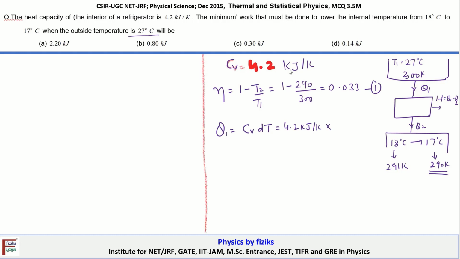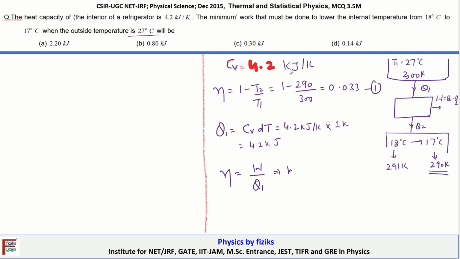The temperature changes by one unit, 1 Kelvin, because dT is the difference in temperature. Whether you take it in Celsius or in Kelvin, it doesn't matter. So this is 4.2 kilojoule. Now for W, we make use of another relationship: the efficiency is also equal to the output, which is the work done, divided by input, that is Q1.